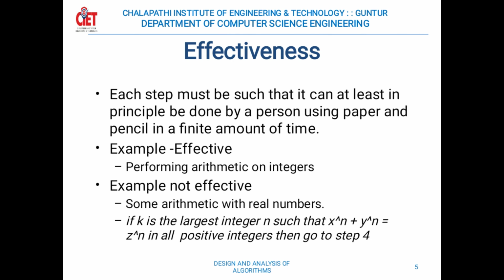Effective algorithm means easy for interpretation. Based on the sample input data, we can easily evaluate sample outputs using paper and pencil without implementation on a computer. That is called effectiveness.